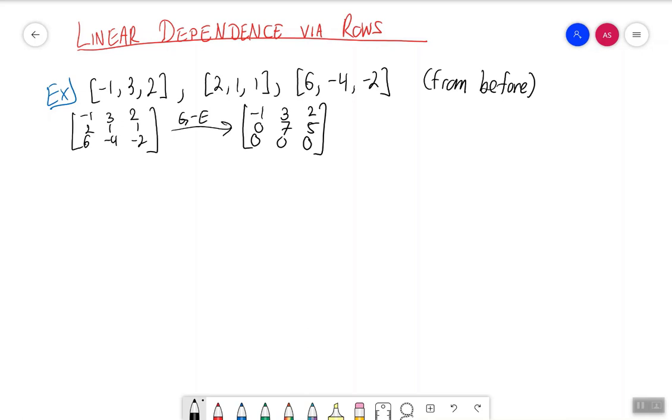And you'll notice that this is a row of zeros. And since we have a row of zeros, the rank is 2, which is less than 3, the number of rows.